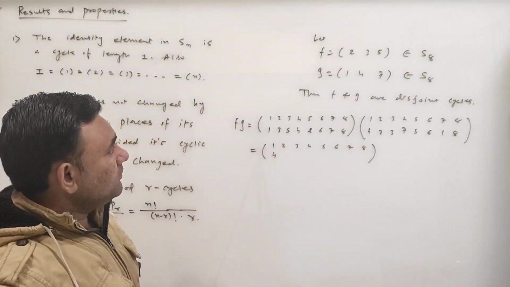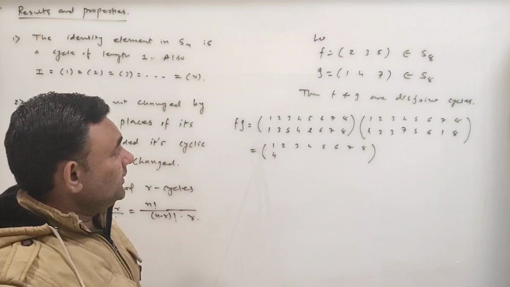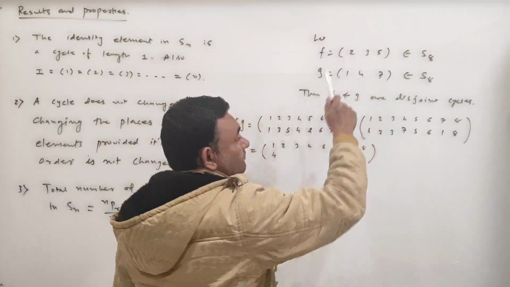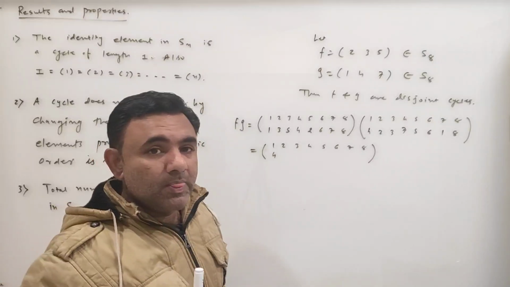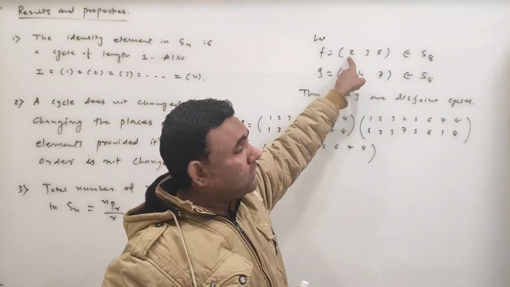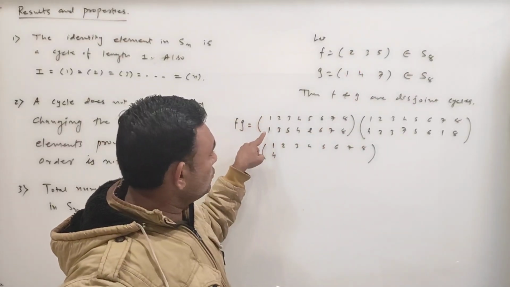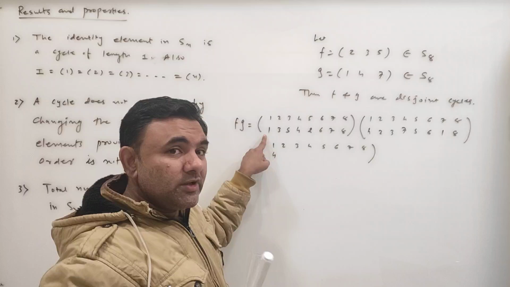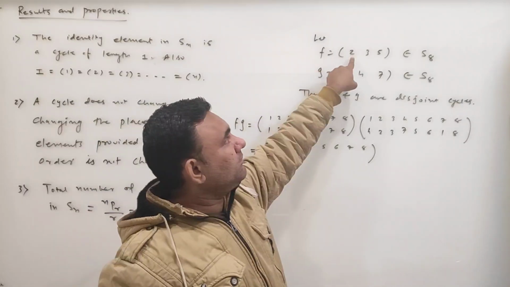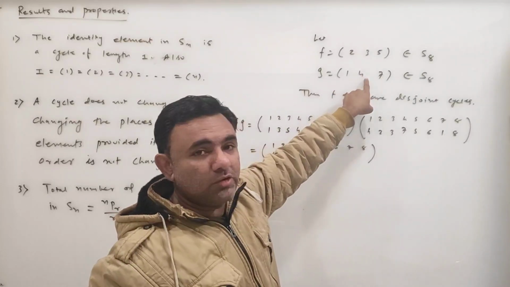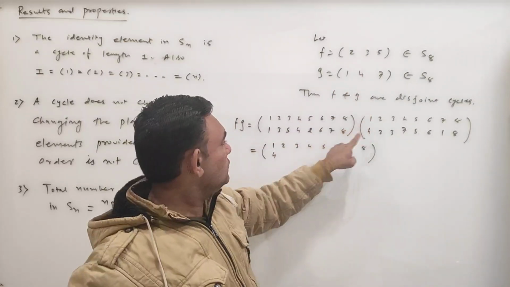So see what happened here: in f, 1 was not there, 1 is not there. So 1 is invariant under f because 1 is not here. But here 1 goes to 4. So ultimately 1 goes to 4.